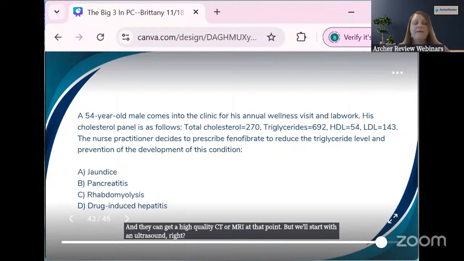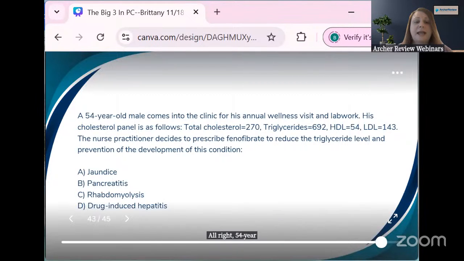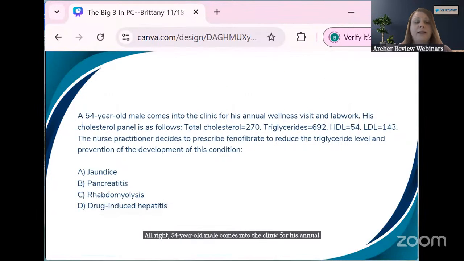All right. 54-year-old male comes into the clinic for his annual wellness visit and lab work. His cholesterol panel is as follows. Total cholesterol 270, triglycerides 692, HDL 54, LDL 143.